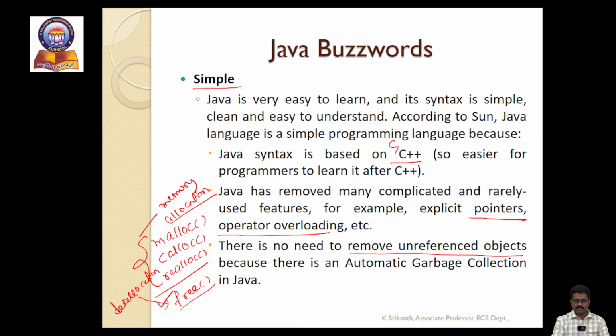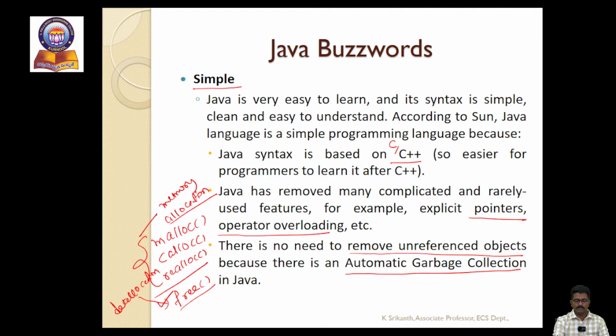But in Java, it is not necessary to deallocate the memory, because there is a program called garbage collection which takes care of the unreferenced objects that are part of the heap, and they are removed automatically at regular intervals. So automatic garbage collection is present in Java. There are three reasons why the Java language is very simple.